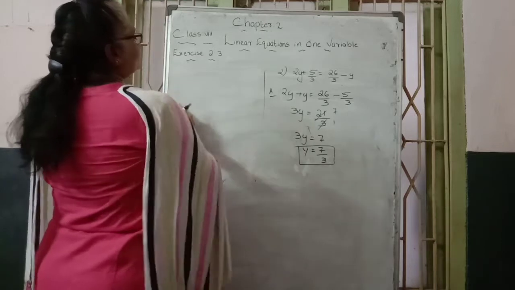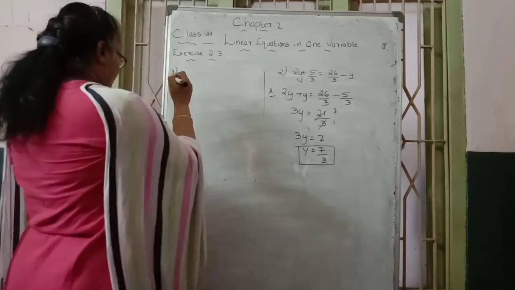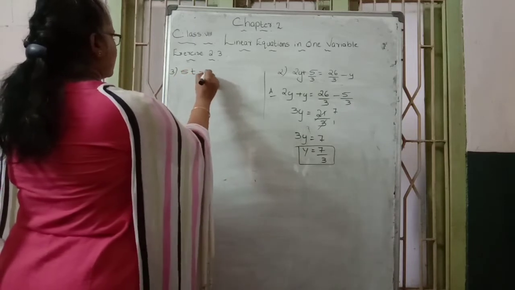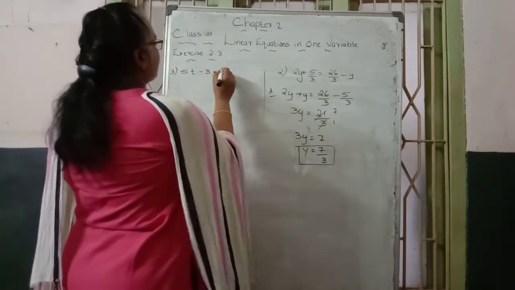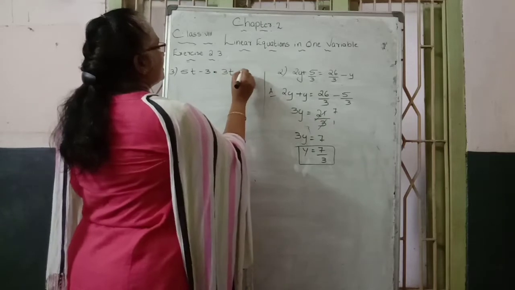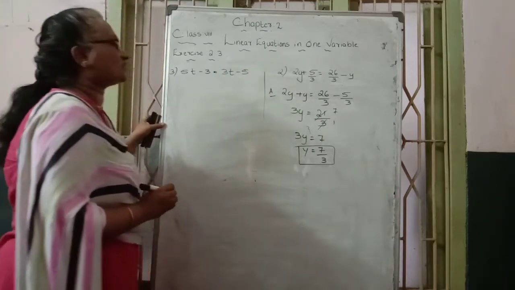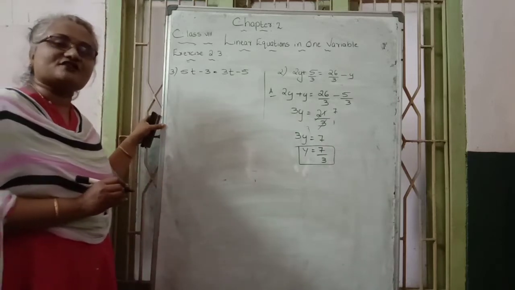The next, third question, is also a solve type question: 5t - 3 = 3t - 5.